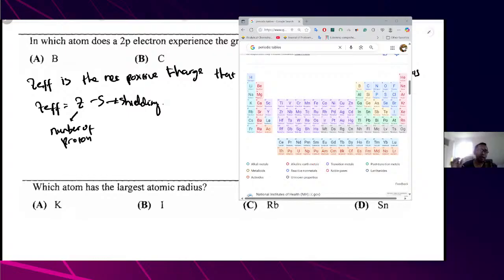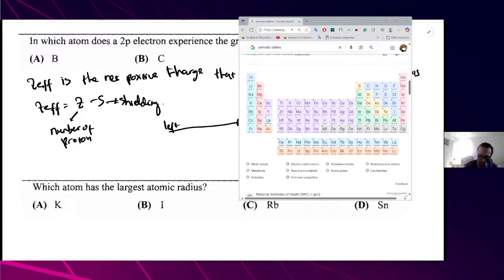Now, we understand there is a concept that across the period, from left to right, ZEFF increases. Remember, a period is left to right, and a group is from the top to the bottom.